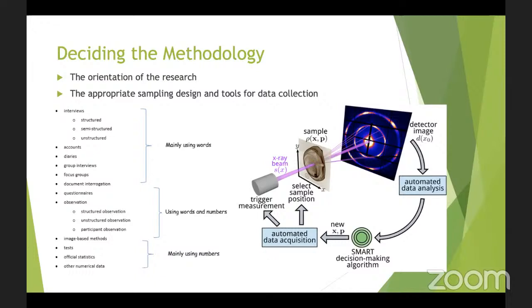Now, accounts, diaries, group interview, focus group, and document interrogation. So these are different kinds of places from where you can get the data, from where you can collect the data. You can collect the data from accounts, or diaries. Then you can also do a group interview of people.